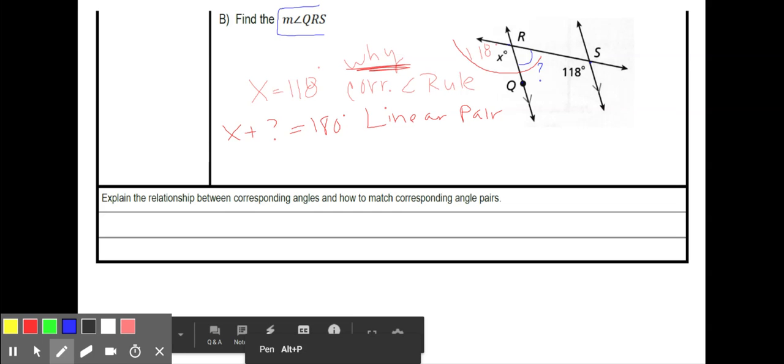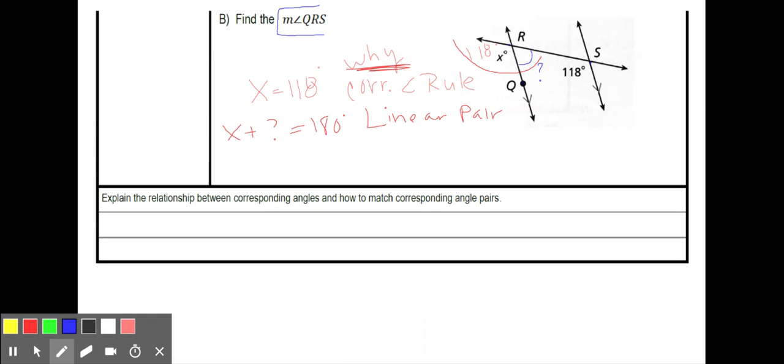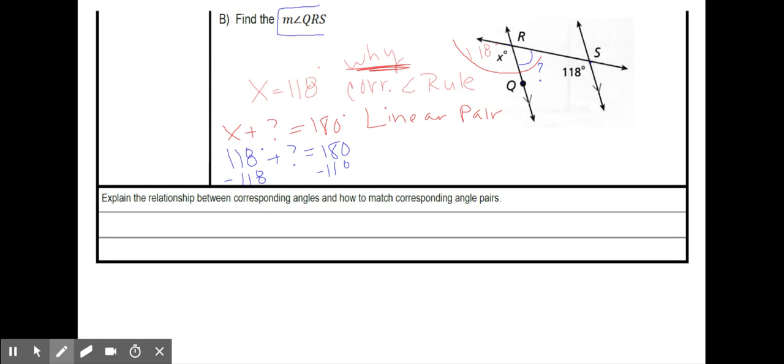As you can see, we're going to use everything in chapter 1 and everything in chapter 2. So I can substitute 118 in for x to find question mark. So all I have to do is subtract 118 from both sides to get that question mark is going to be equal to 62 degrees. So the measure of angle QRS is 62 degrees.